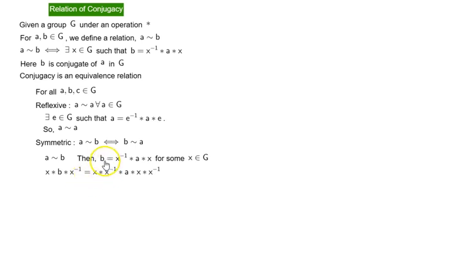What do we get? We get X times B times X inverse is equal to X times X inverse times A times X times X inverse.